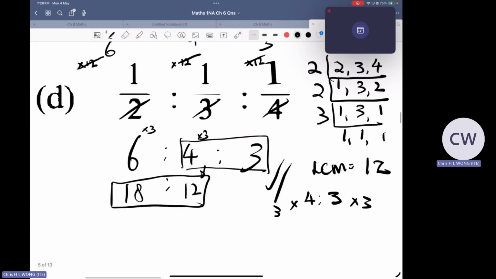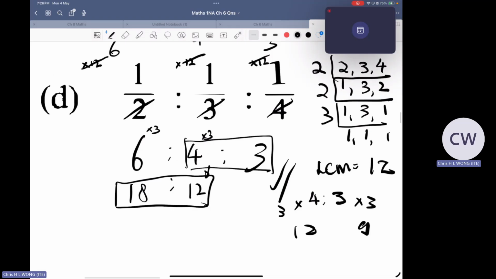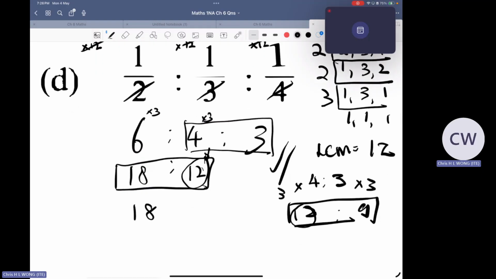So 3 times 4, 12, 3 times 3, 9. So this is also 12 is to 9, right? So you can see 12 is a common number. If I join them together, it becomes 18 is to 12 is to 9. Same thing. But you've got to make the common number that you're joining the same. Then you can join them all together.